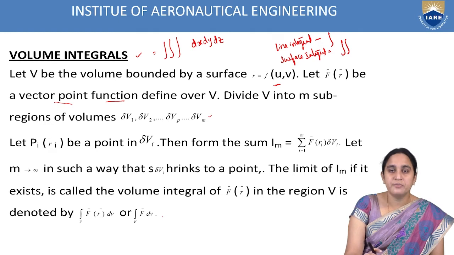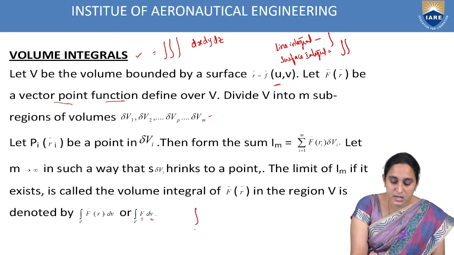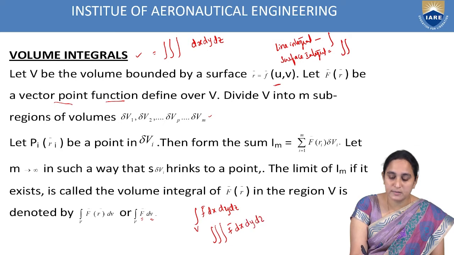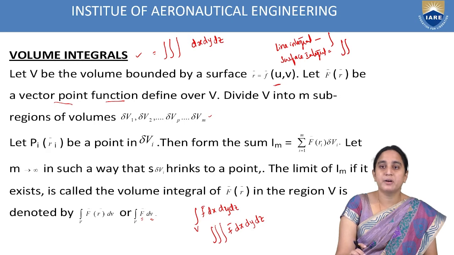This is the general definition, but the concept is that the volume integral is in triple integral form, where the function is F bar and dV is dx dy dz. I'll simply write the triple integral of F bar dx dy dz.